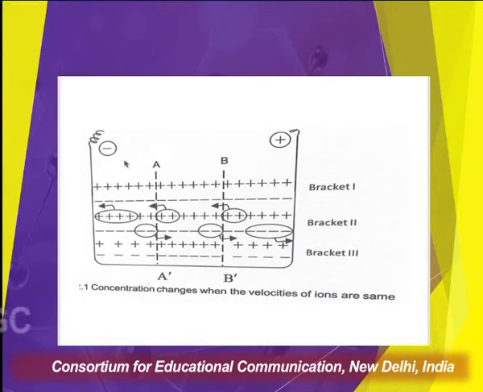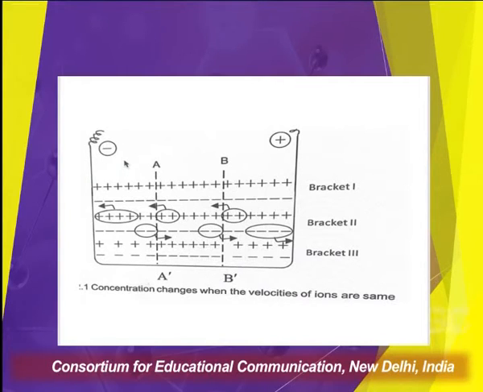And since the velocities are the same, both the cations and anions carry half of the electricity. So 2 equivalents are being carried by the cations and 2 equivalents are being carried by the anions.